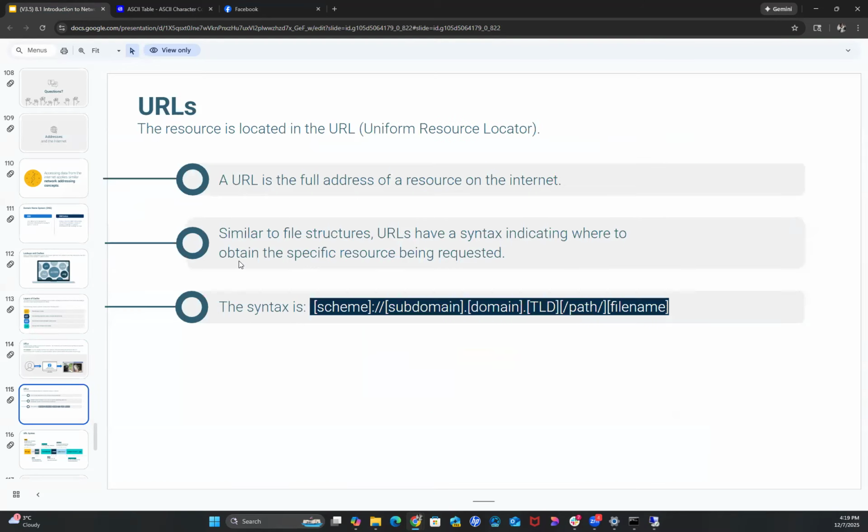For the syntax, we write the scheme first, such as http or https, then the subdomain, then the domain, then the TLD. You now understand what the TLD is. Then the file path, and then the file name.